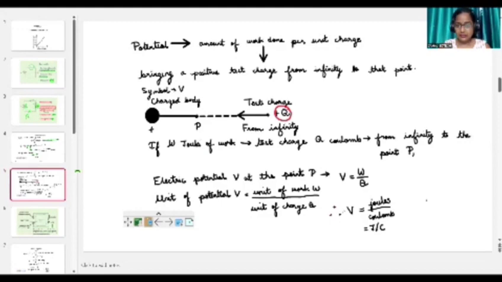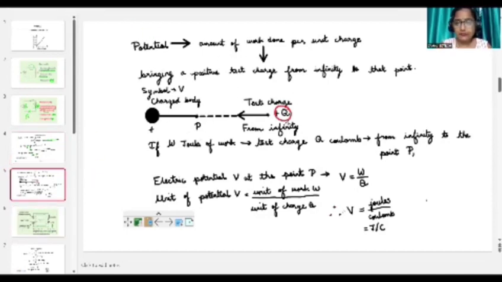Plus Q is the charge. Can you see plus Q? Yes. So what is potential? It is the work done in moving the charge plus Q from infinity to the point P.